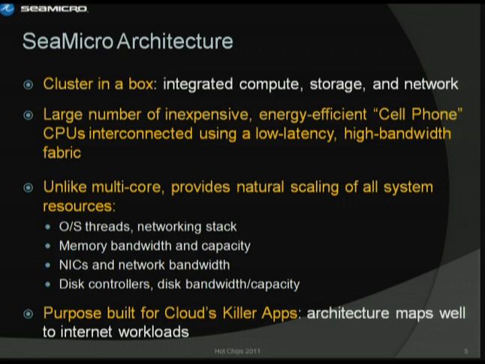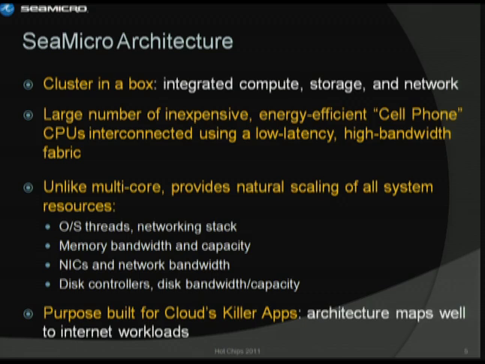At the highest level, the SM10000 is a cluster in a box with integrated compute, storage, and networking. We do that by interconnecting a very large number of cell phone class CPUs, specifically the Intel Atom, using a low latency, high bandwidth fabric. Now, unlike multi-core, which tries to do the same, we scale all system resources.